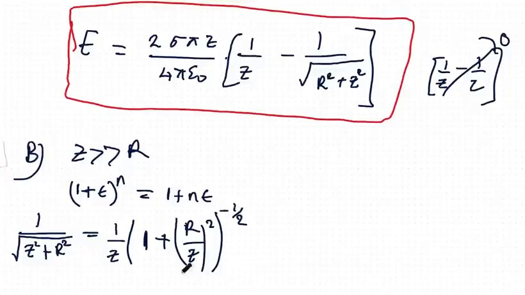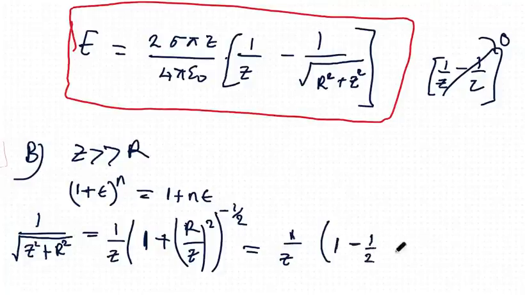So this will be equal to 1 divided by z times (1 minus half r squared divided by z squared).